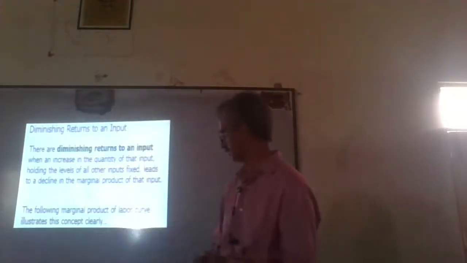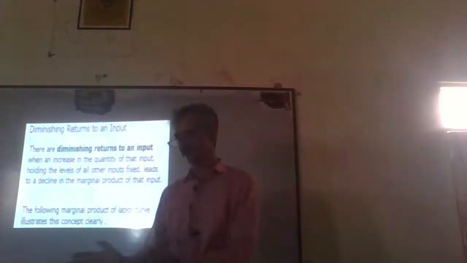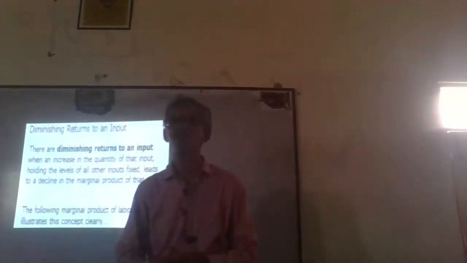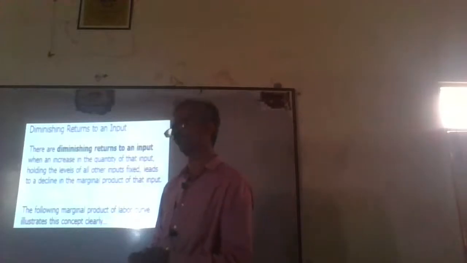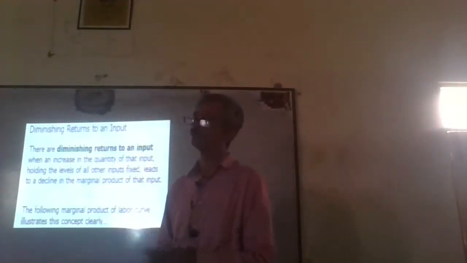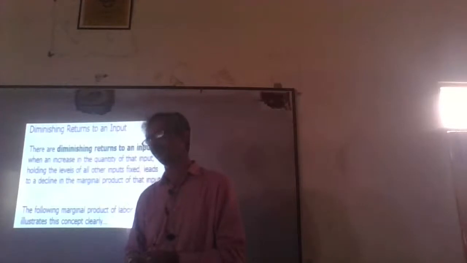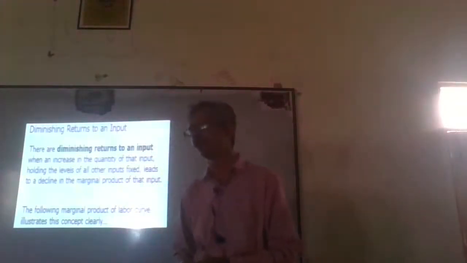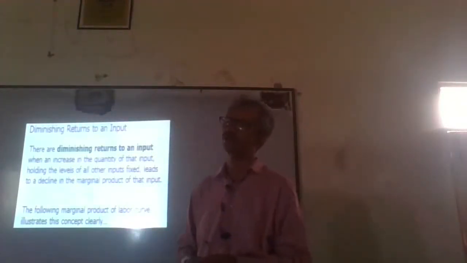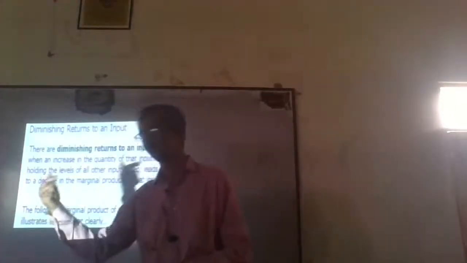When we add a second laborer to the same machine, our total output is 18. Now, how much has the second laborer contributed to the production? We say that 8 is the contribution of the second. So it is called the diminishing return, meaning the second one produced less than the first one.